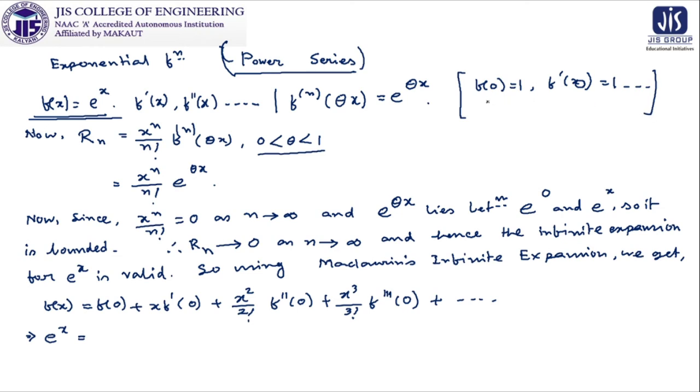So using these results, we can write it as 1 plus x plus x squared by factorial 2 plus x cubed by factorial 3 plus dot dot dot, meaning it is an infinite expansion of this one.